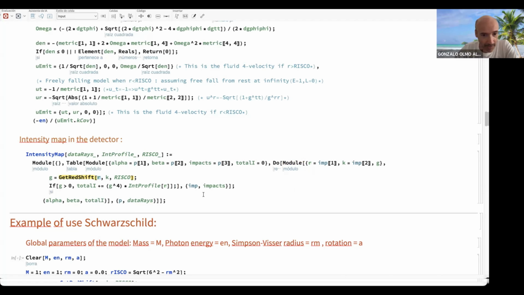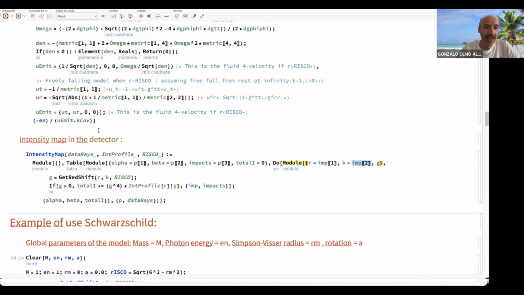These imp are the impacts, and these impacts come from where? Impact is P3. So P3, as I said, contains the information of R and K. The first entry for each imp is the radius, and the second entry for each imp in the set of impacts is the force momentum.